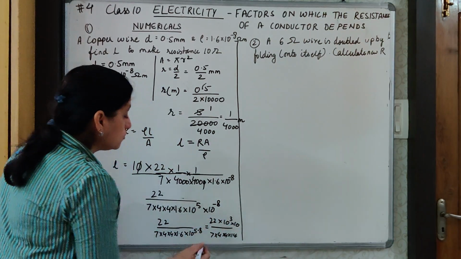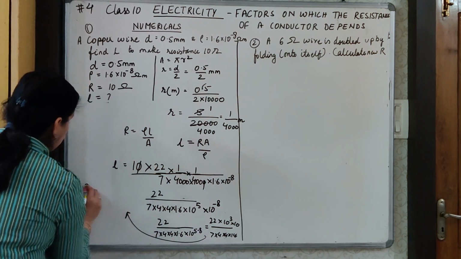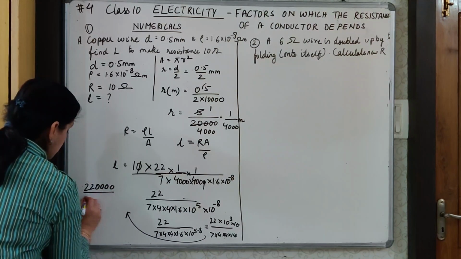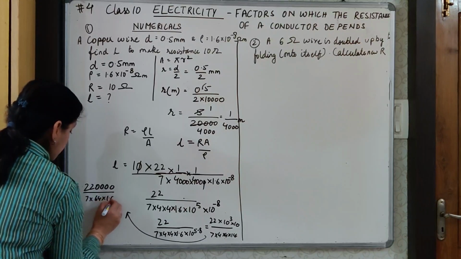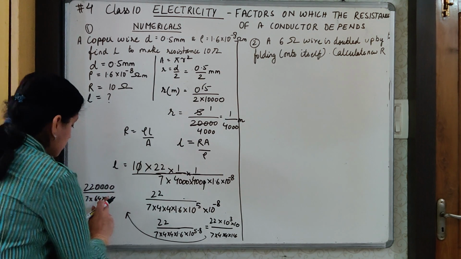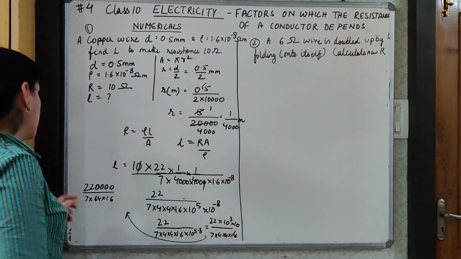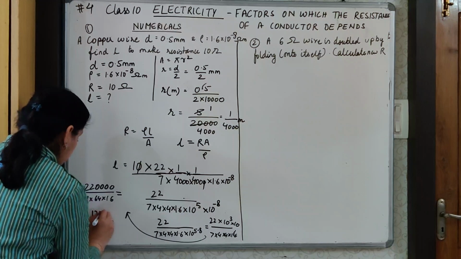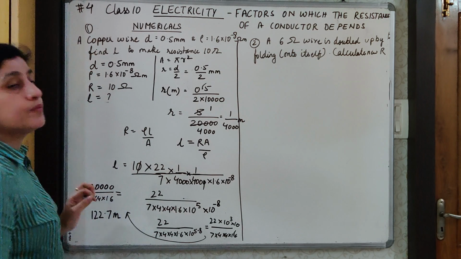So I get 22 followed by 4 zeros upon 7 into 4 4s are 64 into 1.6. Sorry, it is not 1.6, it is now 6 because I have removed this decimal. Whatever cutting you will do now, finally you will get the answer 122.7 meter.